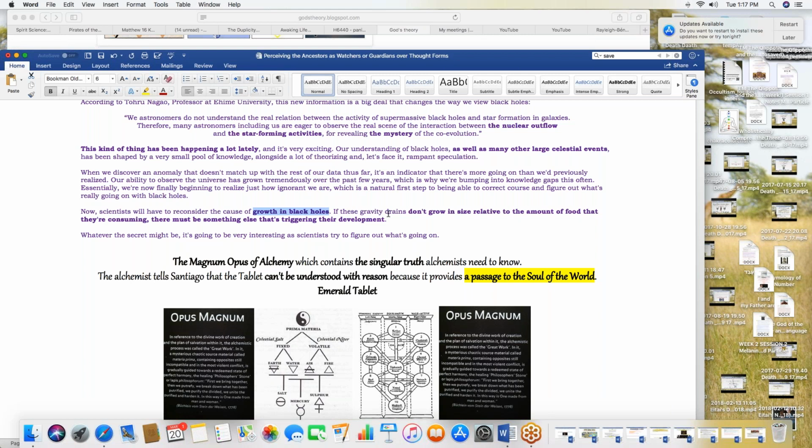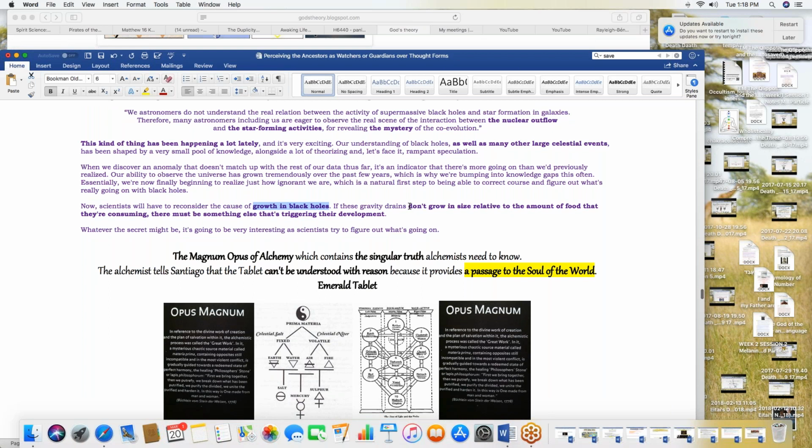If these gravity drains don't grow in size relative to the amount of food they're consuming, I'm gonna let y'all read that again.